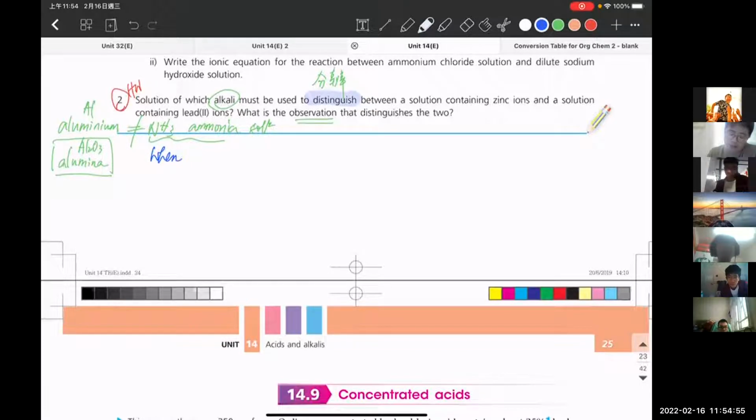When the alkaline is added, is it a few drops or in excess? This is a very important question. Whether a little amount of ammonia or an excess amount of ammonia is added, the observation is different. Mr. Chen, could you please say it again?